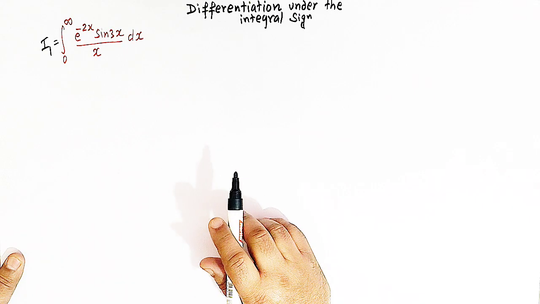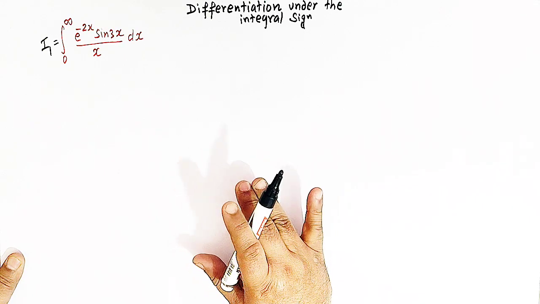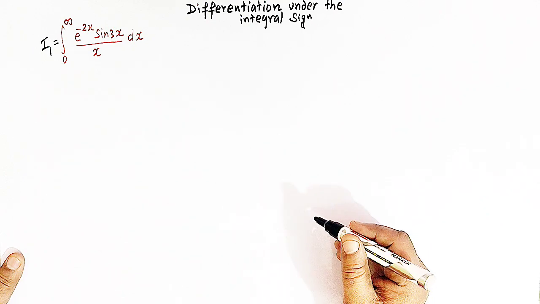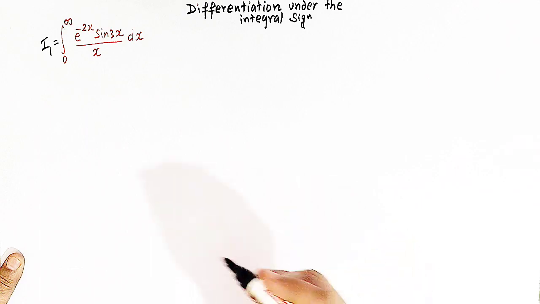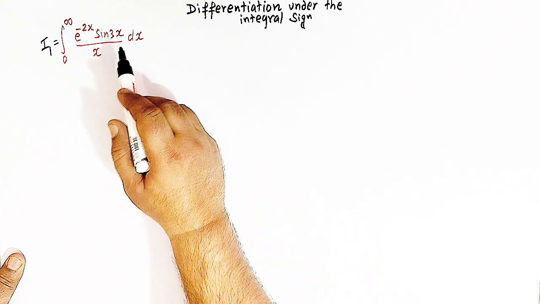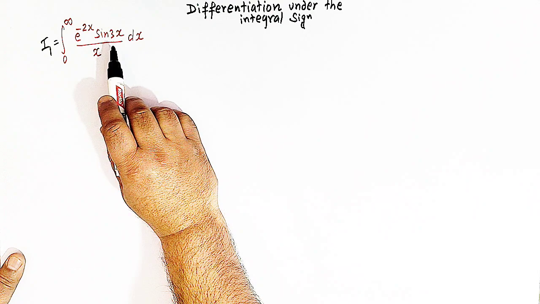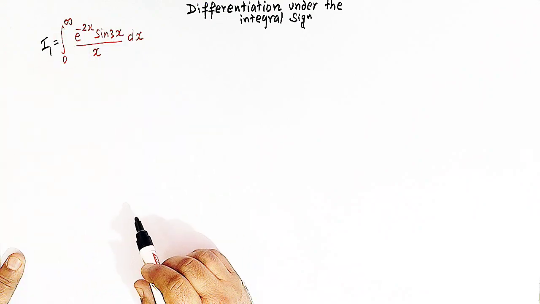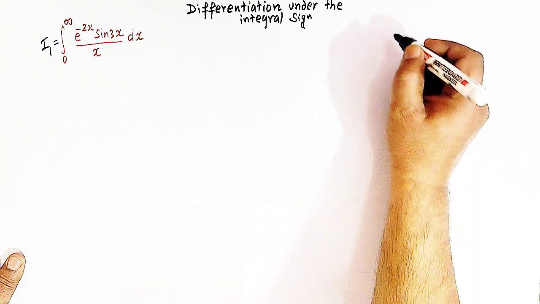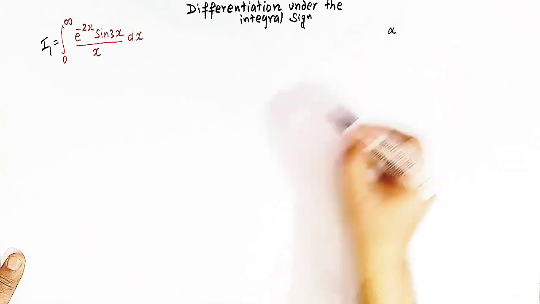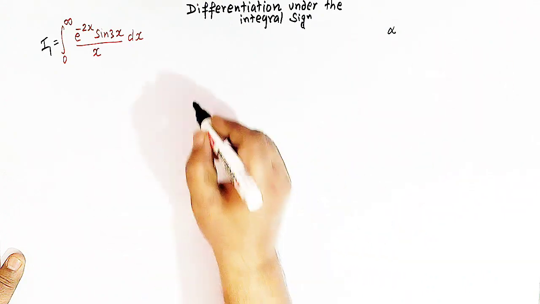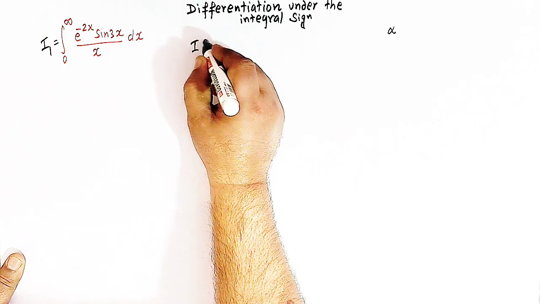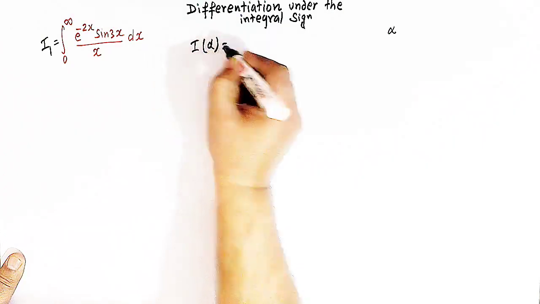And to evaluate this integral, we have to make use of the concept of differentiation under the integral sign. So what we will do, we'll introduce a parameter in this integral, right? So let us call that parameter alpha. So let us write another integral which is a function of alpha.